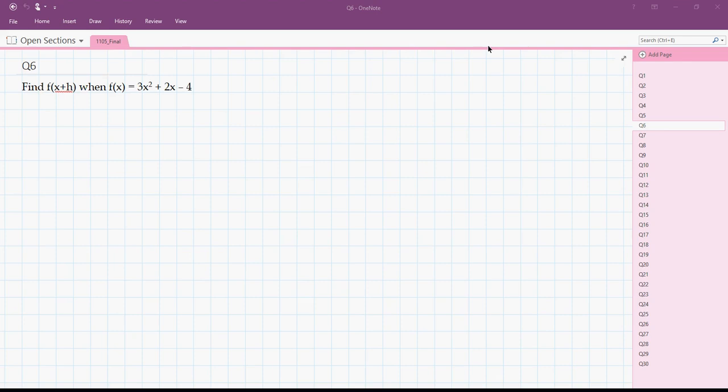Okay, so for this, we are substituting f of x plus h into a function. So basically what that means is everywhere that we see an x, we're going to substitute for an x plus h. So we have a 3x squared, so we're going to do 3 times (x plus h) squared plus 2 times (x plus h) minus 4.